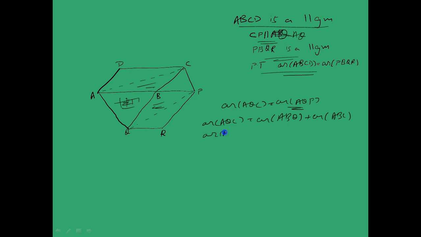So we have area of AQP is equal to area of ABQ plus area of PBQ. Now we know that these two are equal, and so let's equate these two equations. So we get area of ABQ plus area of ABC is equal to area of ABQ plus area of PBQ.